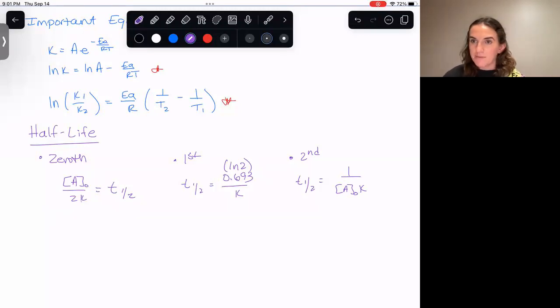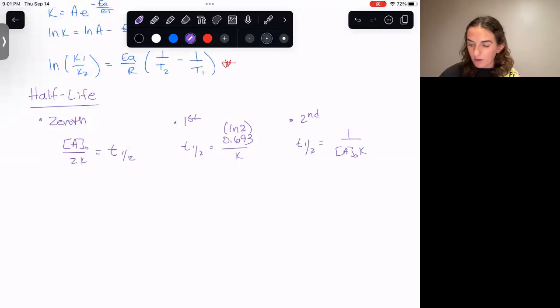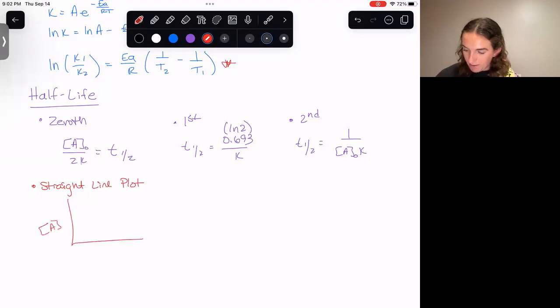Okay, so these are all of your half-life formulas. To help memorize them, whenever you're looking at a straight line plot, your axes are going to be A over T. So when you look at your half-life, your A has to be up top in relationship to your T. For first order, it's ln of A over T, so you have your ln function up here.